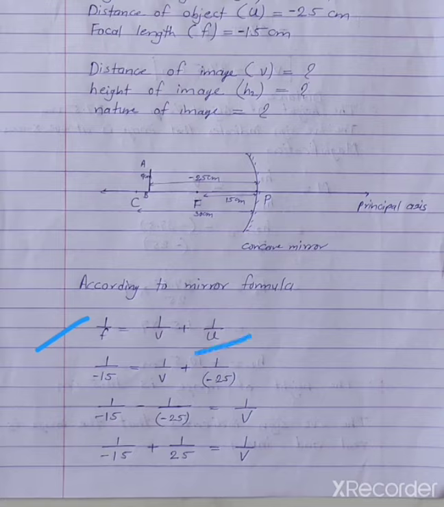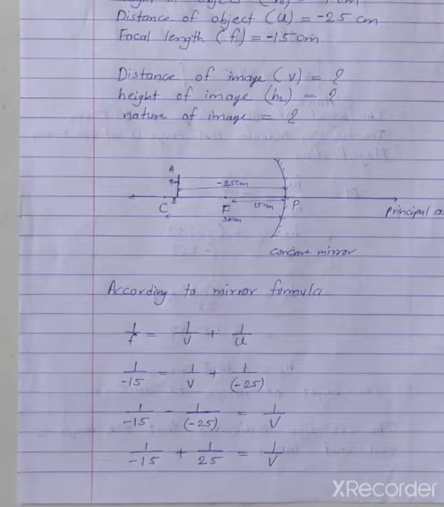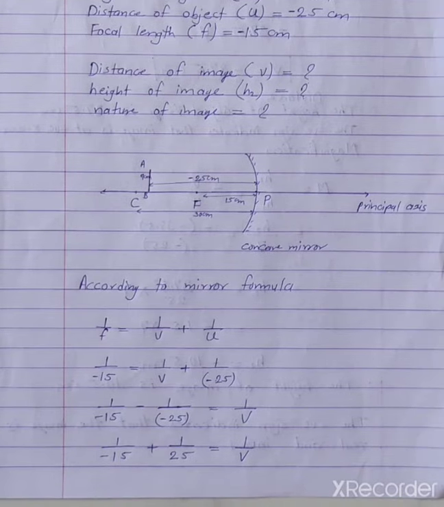So this is the substitution. Here we take both these values negative. Now take this second term to left hand side, so it will become minus, and these two minus and minus become plus.